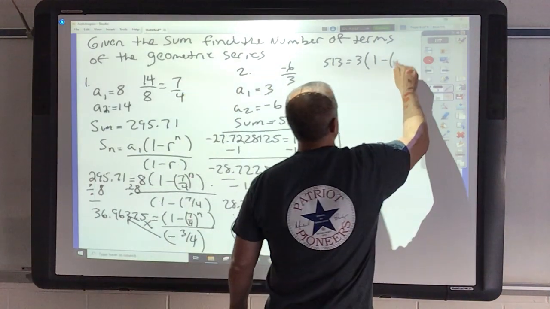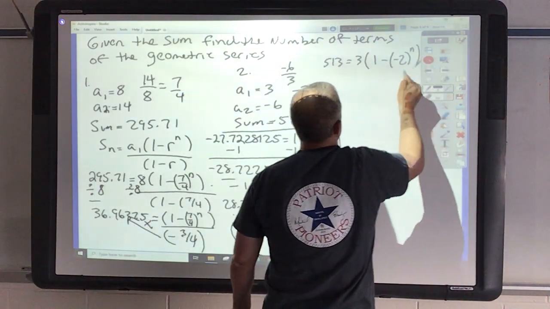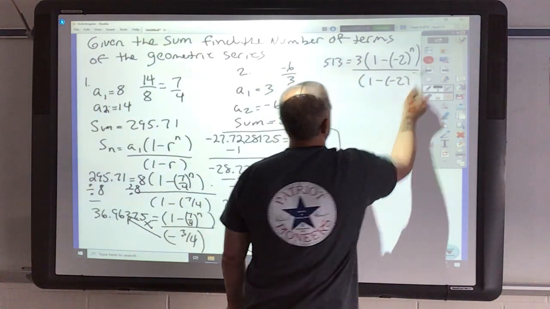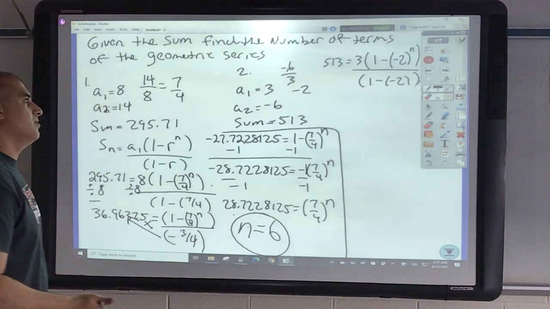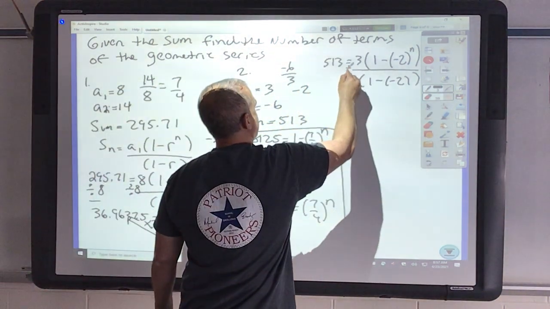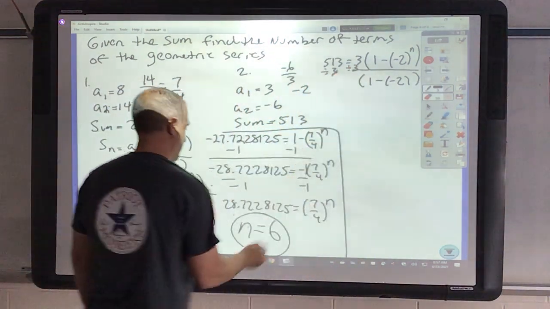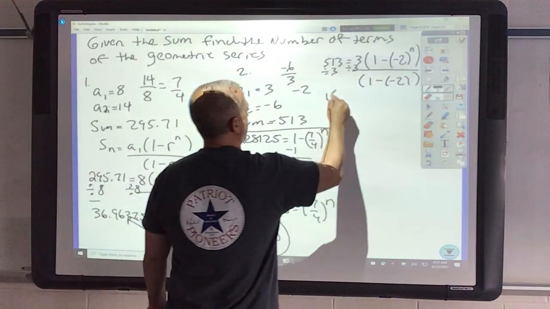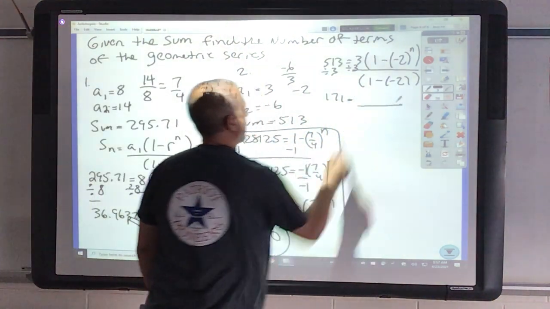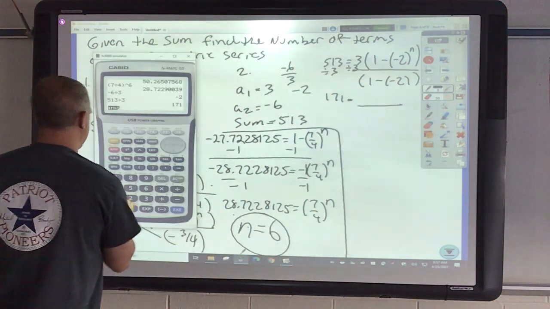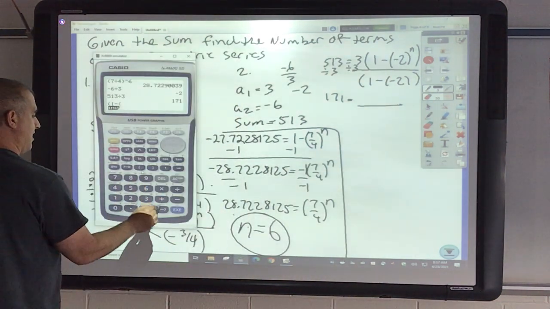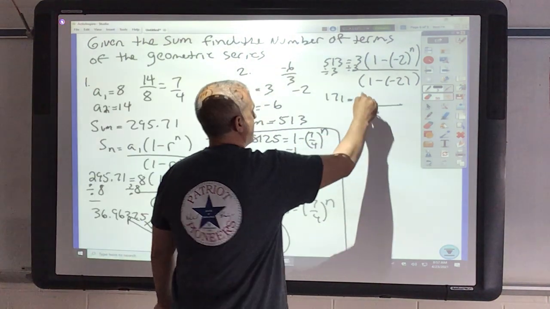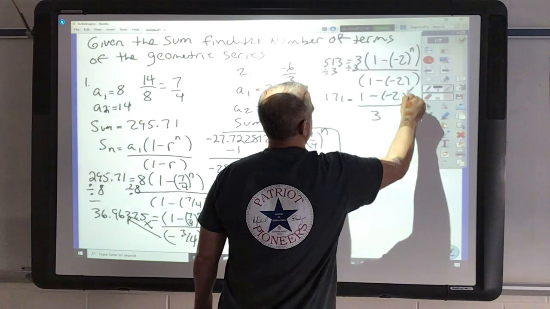So I got parentheses -2 to the n power, all over 1 minus -2. What I would do first is divide this 3 out. So 513 divided by 3 is 171. I'd also figure out the bottom: 1 minus -2 is 3.